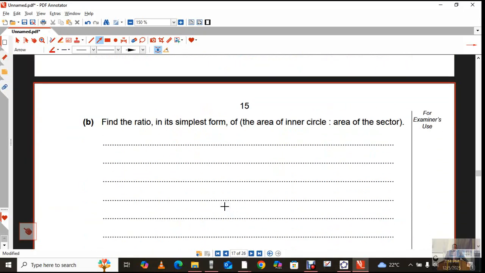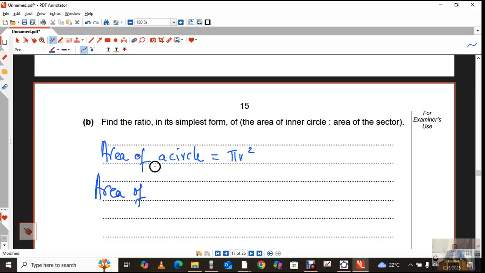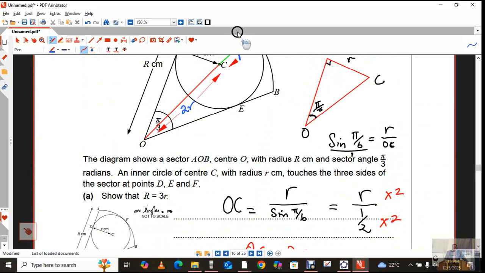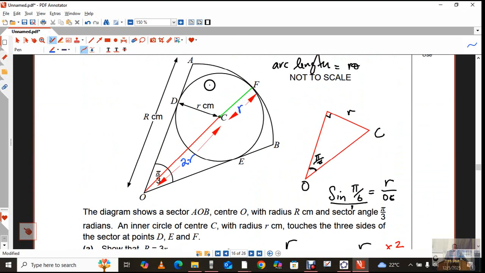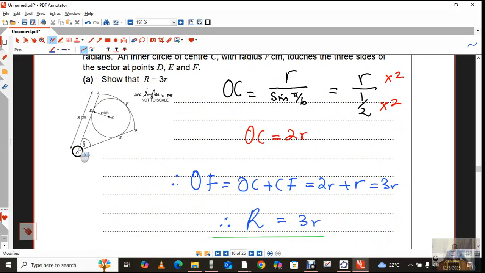Find the ratio in the simplest form of the area of the inner circle. So the area of a circle is pi r squared. Then the area of a sector is a half r squared theta. That's what we know. When you're looking at this one here, the circle's radius is just r.